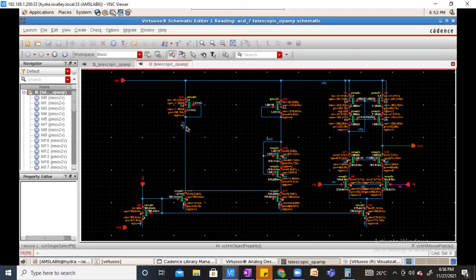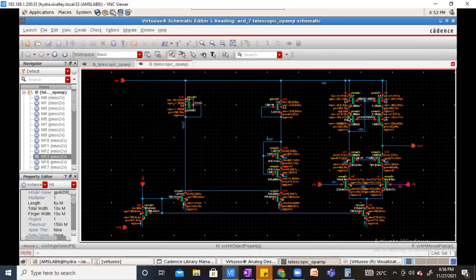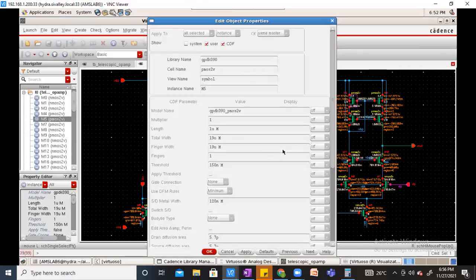It's a wide swing current mirror. That configuration will come here. I have taken length equal to 6 times of your normal length, so you can see 6 times, and I have taken just exactly the half.